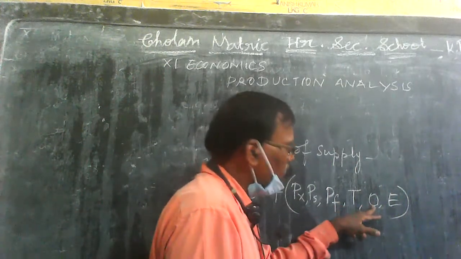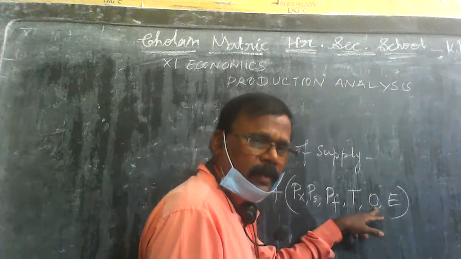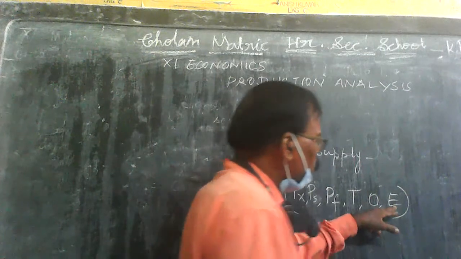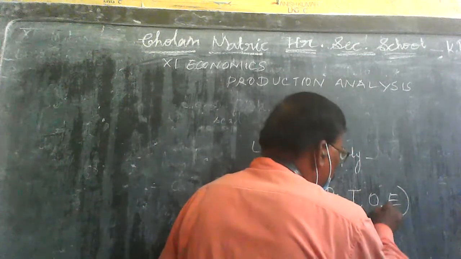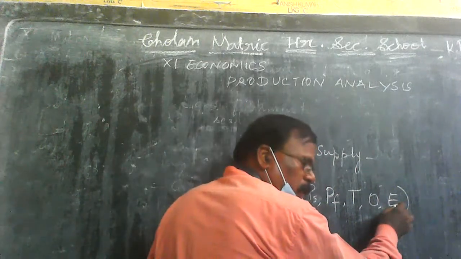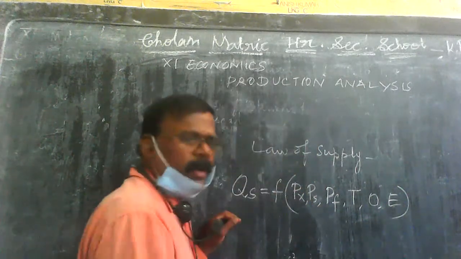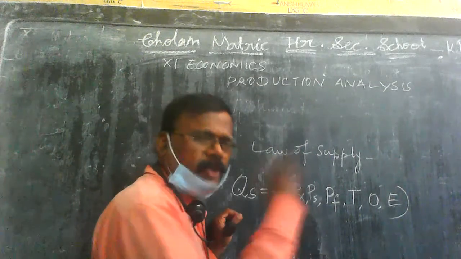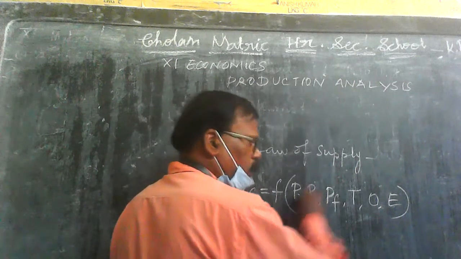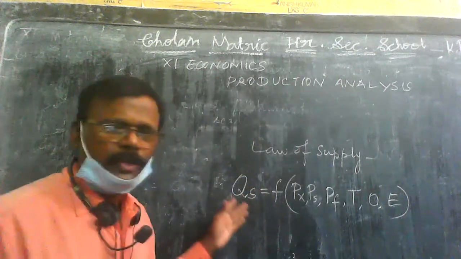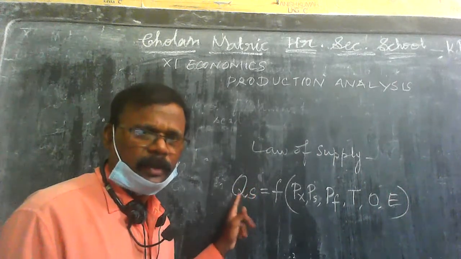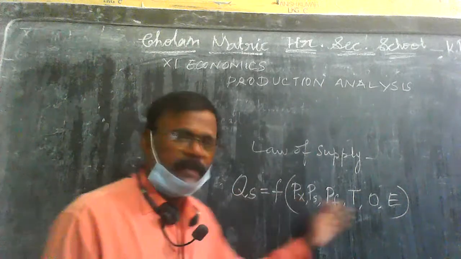And next is the organization. And next is the expected price of a factor or a commodity, that is, future expectation of price. Okay, so these are the factors which determine the quantity supplied or supply. So supply is a function of all these factors.